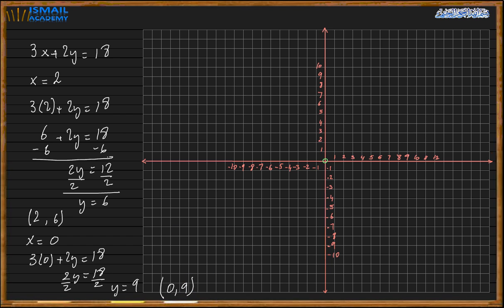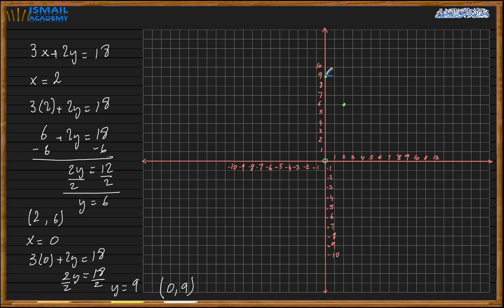Now I'm going to find the location of those points. I have (2, 6), which is here, and I have (0, 9), meaning 0 and 9. So this is my (0, 9). Now I have my 2 points. So what do I do now?